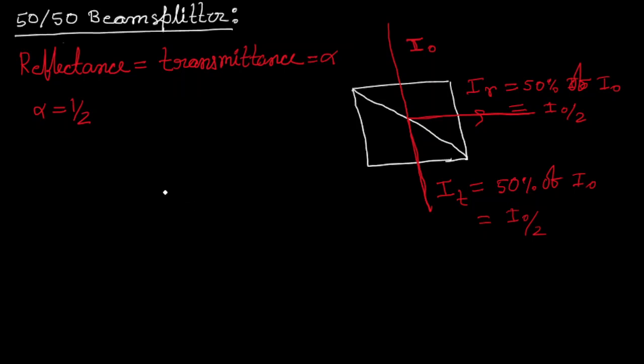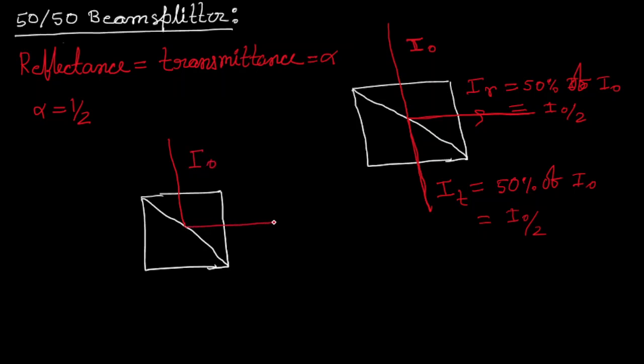So what we are going to write when we solve this problem: let's say this is a 50-50 beam splitter. Now, if light is incident on this beam splitter with intensity I naught, then the intensity of the reflected light and the intensity of the transmitted light we will write this way.